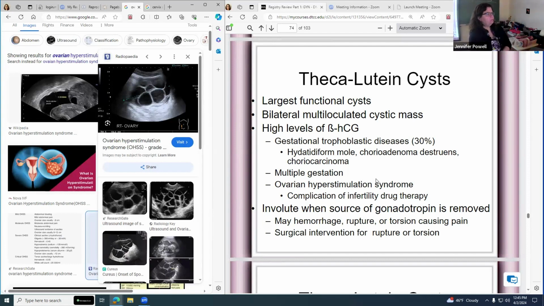So they involute when the source of gonadotropin is removed. So apparently whatever the hormone is, remember we went over when an egg ovulates and it becomes the corpus luteum and it produces progesterone unless there's no fertilization, and then it stops producing progesterone and then you end up getting your period.